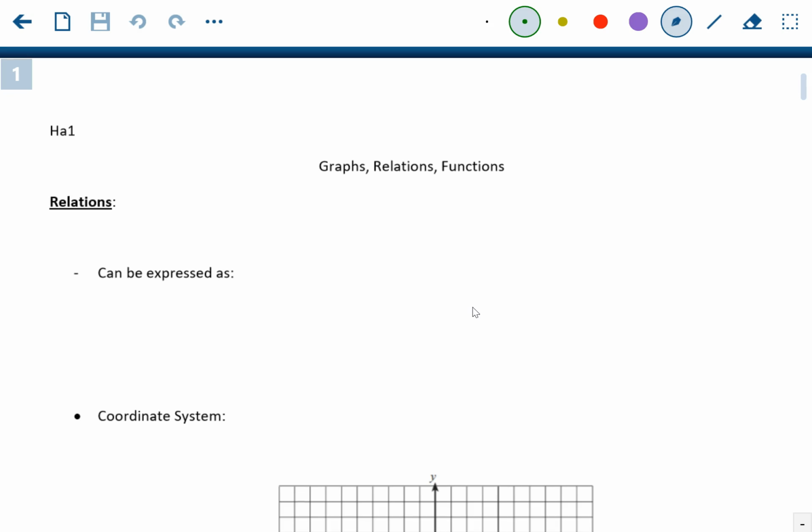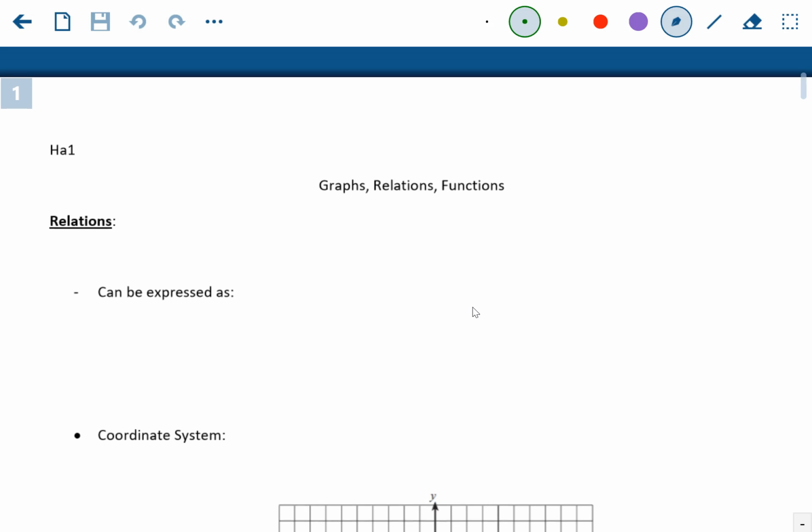A relation, mathematically, is any comparison of two quantities. Any comparison of two quantities.